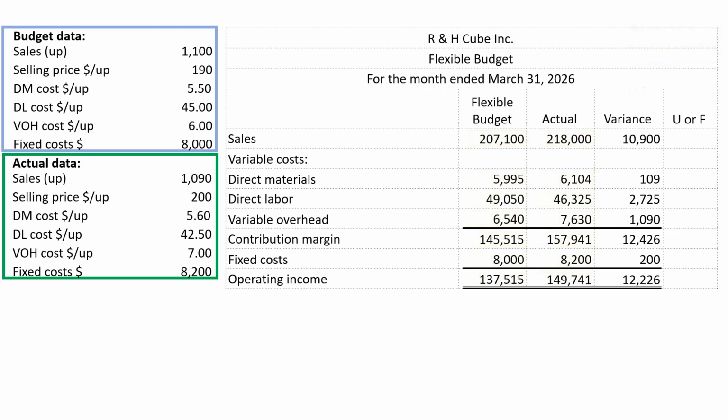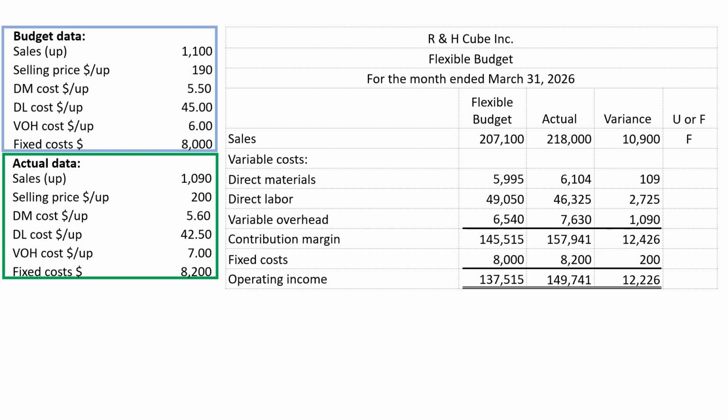Now we know how much each variance is. The next step is to determine if the variance is unfavorable or favorable. The first variance is sales. Generally, would you hope that your actual sales revenue be higher or lower than your budgeted sales? Higher. Since actual sales are higher than budgeted sales, the $10,900 variance is favorable, so we enter an F for favorable.